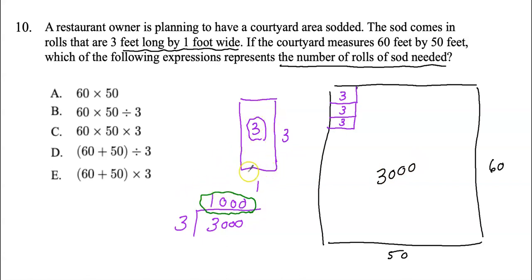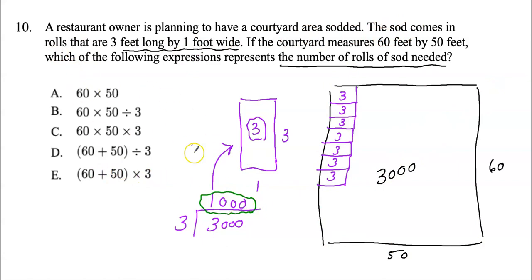So in other words, I can put in 1,000 of these, and I guarantee you if you kept going and put in 1,000 3s, I mean, obviously this isn't drawn to scale, and you added them all up, it would be 3,000. So I can put 1,000 of these rolls of sod inside this courtyard.